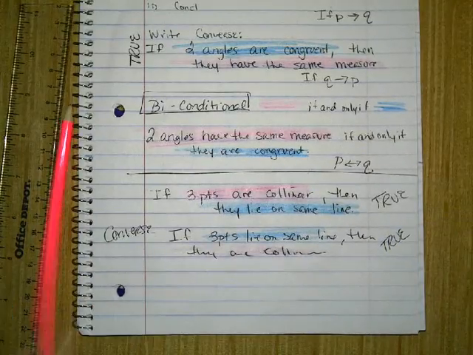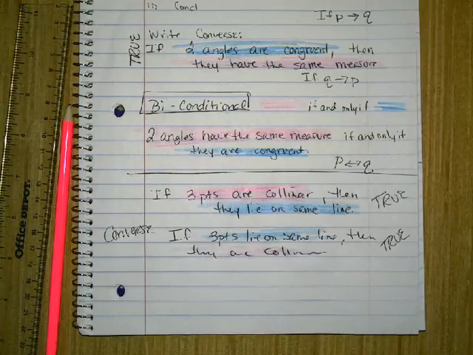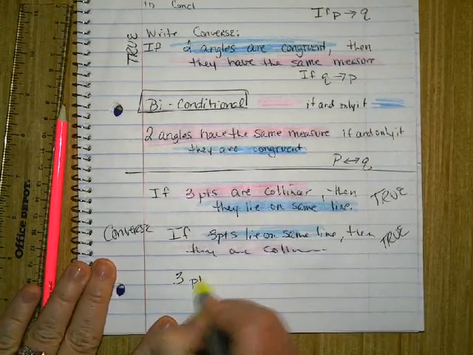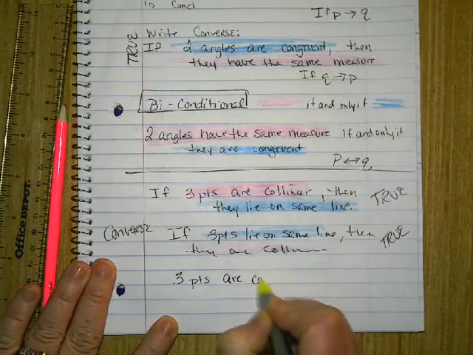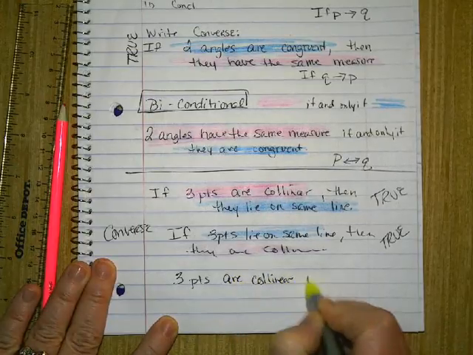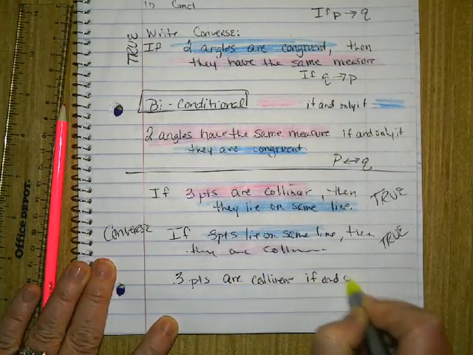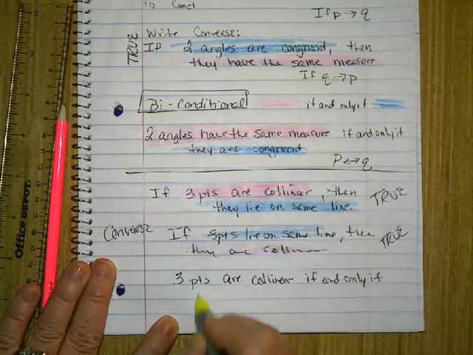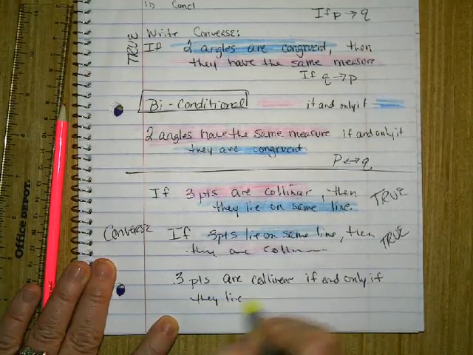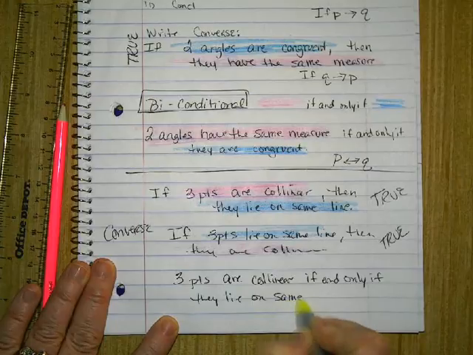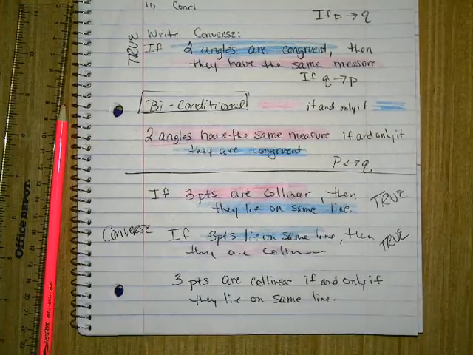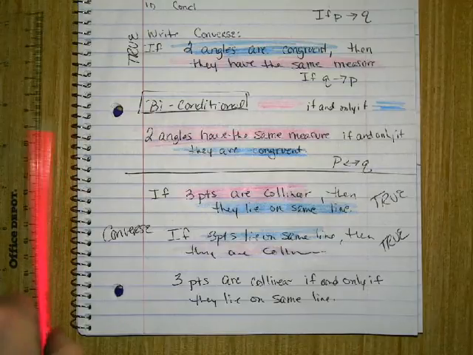So write a biconditional. Now, what do you start with for your biconditional? You got to start with pink. Okay, 3 points are collinear if and only if they lie on the same line.